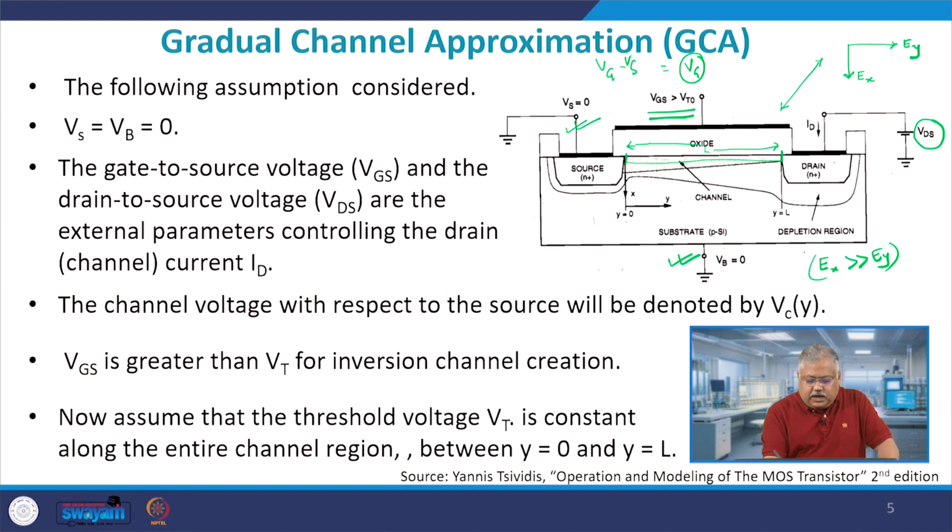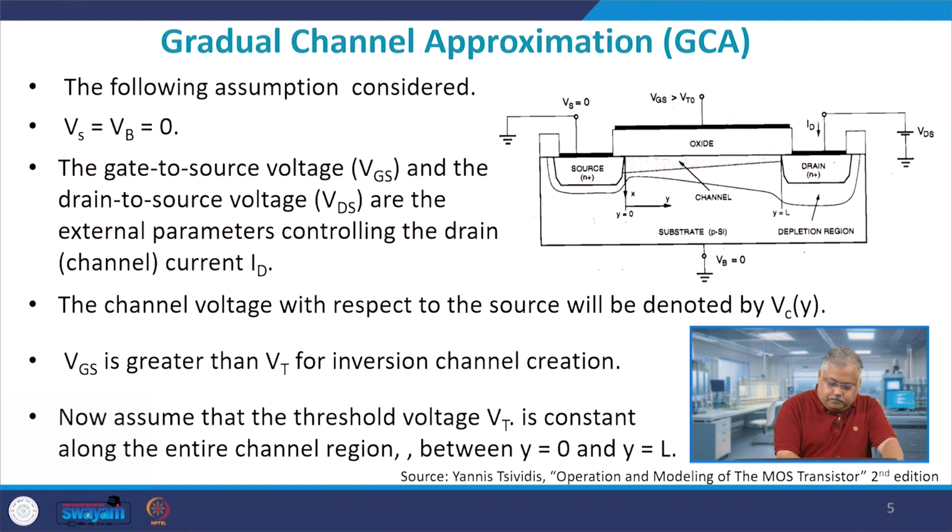Now, if you look very carefully, what is the reason why I have drawn this? Let me rub this portion and I will show you what the idea here is. Let's come back to this diagram here, and you will see that since you have applied a gate bias, a channel is formed.